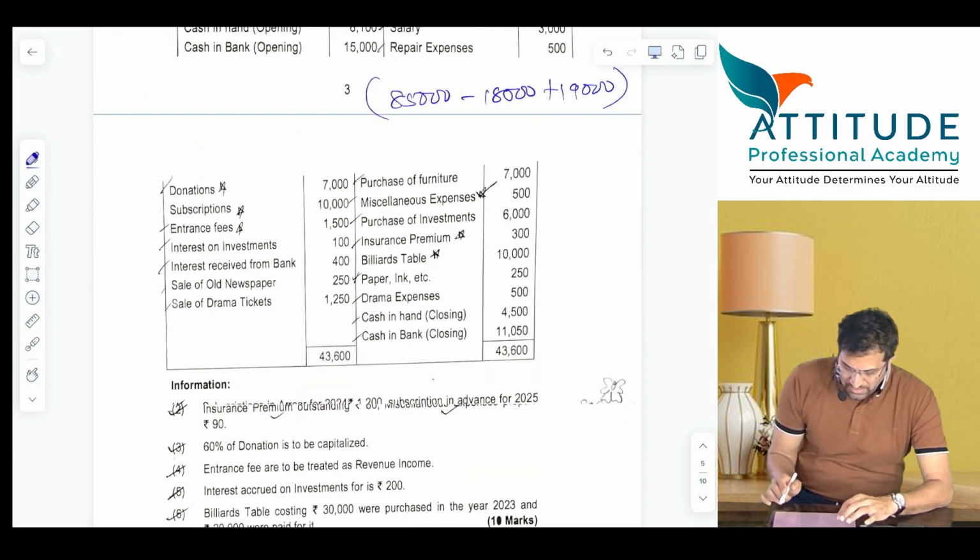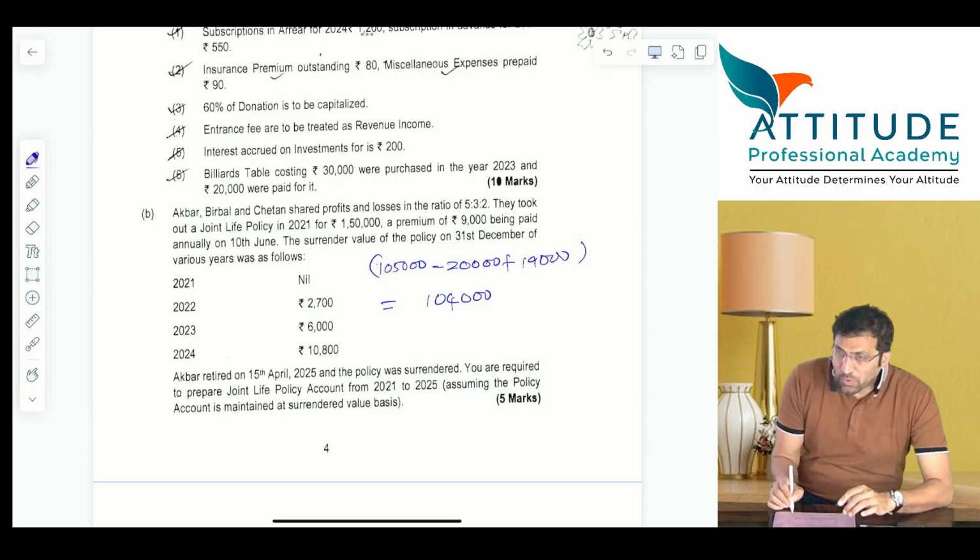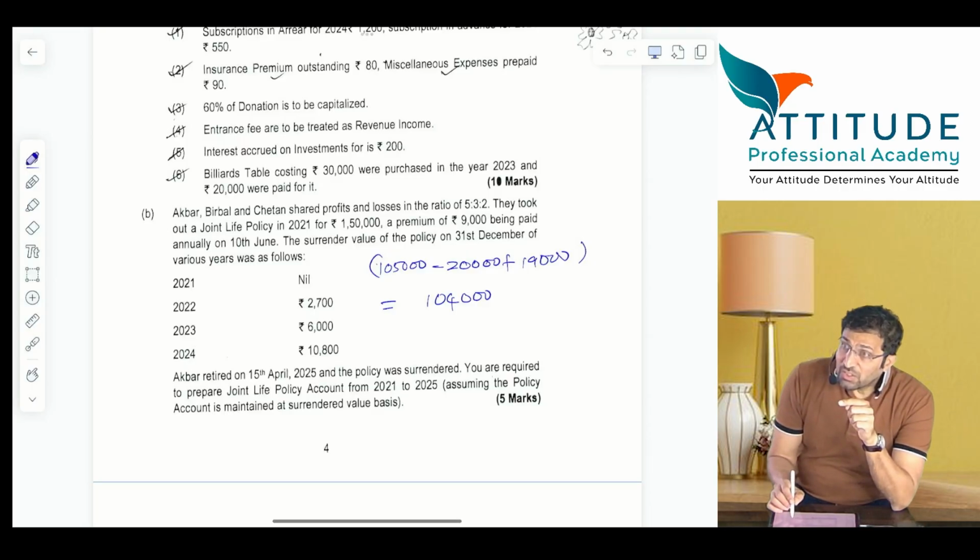So now come here, show it like this. Look here, less it there. Less goods, cost of goods sold. 1,05,000 minus 20,000 plus 19,000 will give you the inner column. Write how much? 1,04,000. But 1,04,000 is what? Sales.